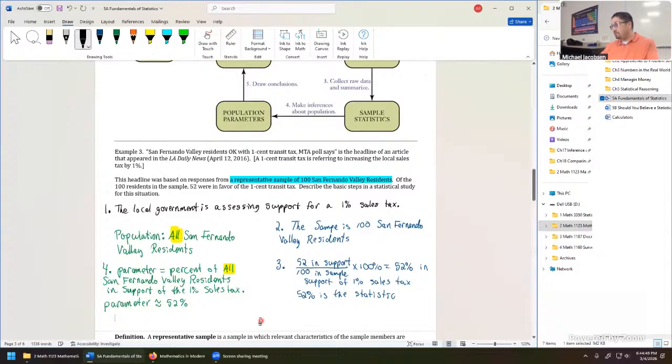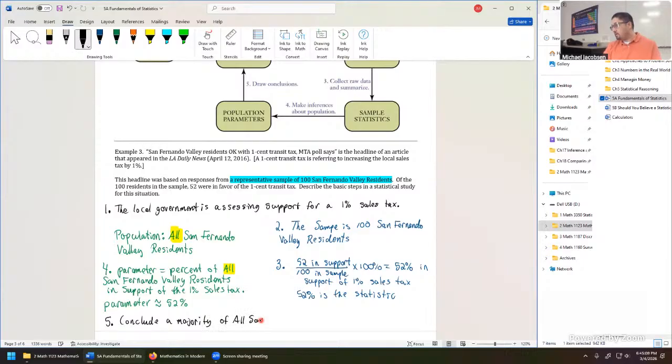Let me scroll down. Finally, we've got to get some more space going this way. Step 5 in this whole process is we conclude a majority of all San Fernando Valley residents are in favor of the 1% sales tax.